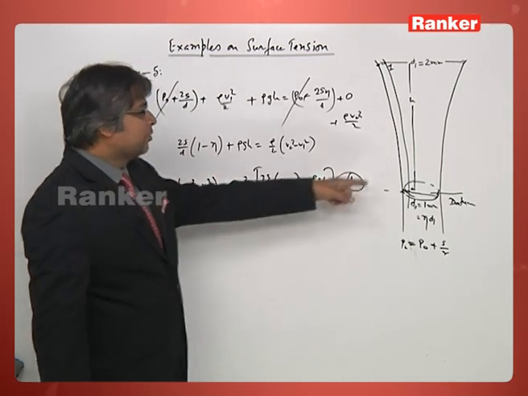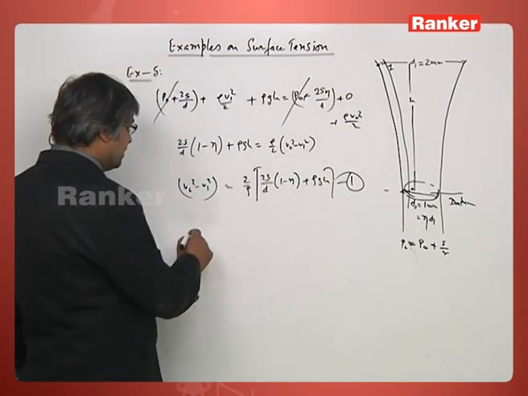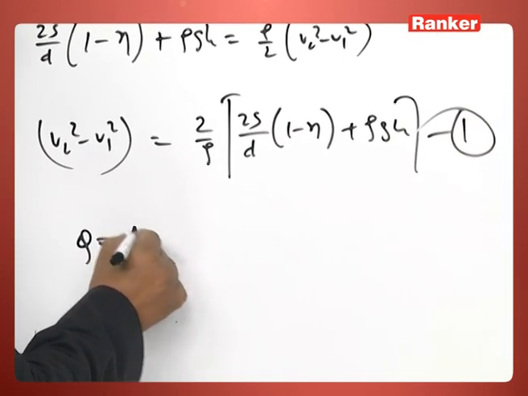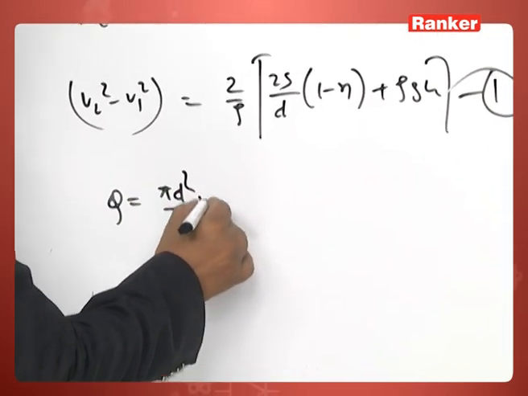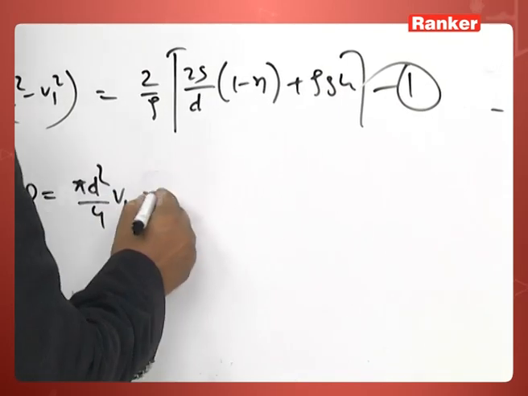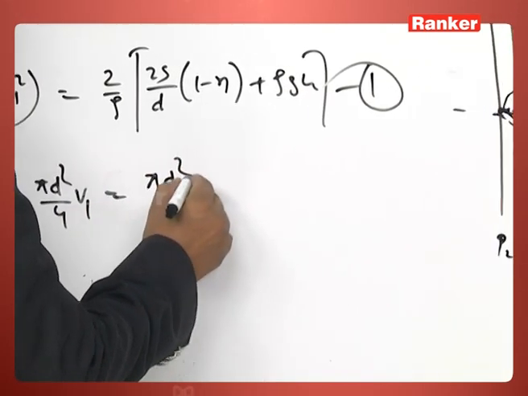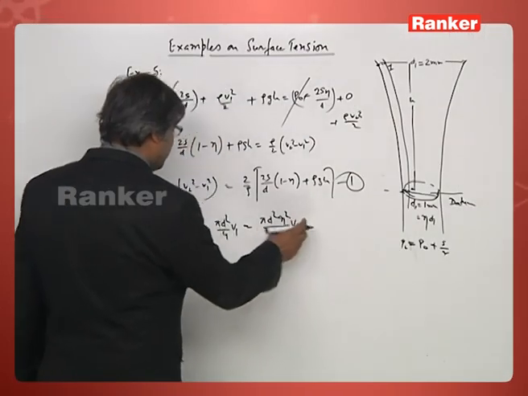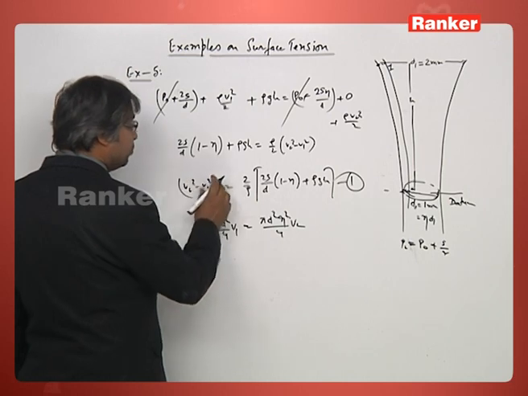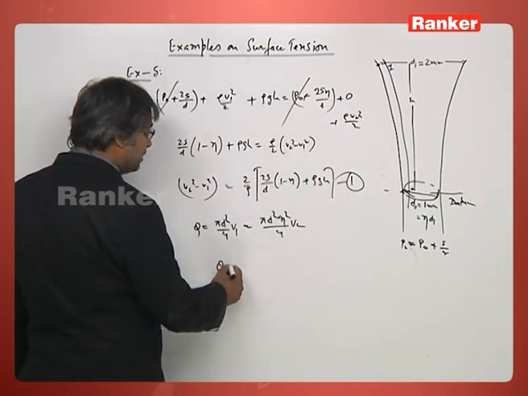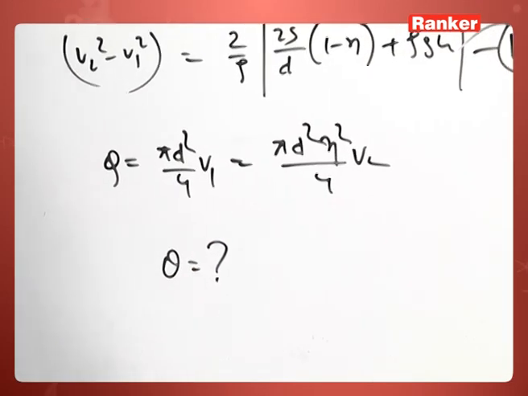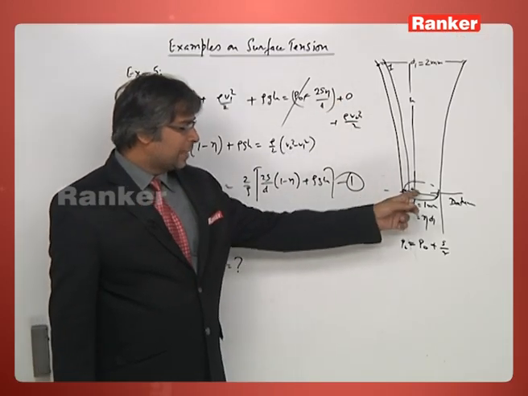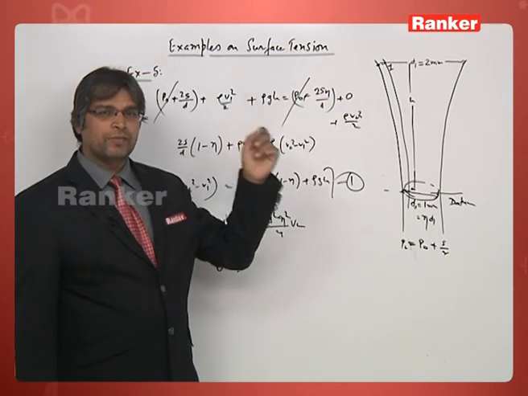Now, I know V2 and V1 in terms of discharge, so I can calculate the discharge. The discharge is equal to area pi d square by 4 into V1, which is equal to pi d square eta square by 4 into V2. In place of V1 and V2, I will put Q, and so we will get the value of discharge from this equation. So here it is Bernoulli's equation along with the pressure that has to be calculated by surface tension.